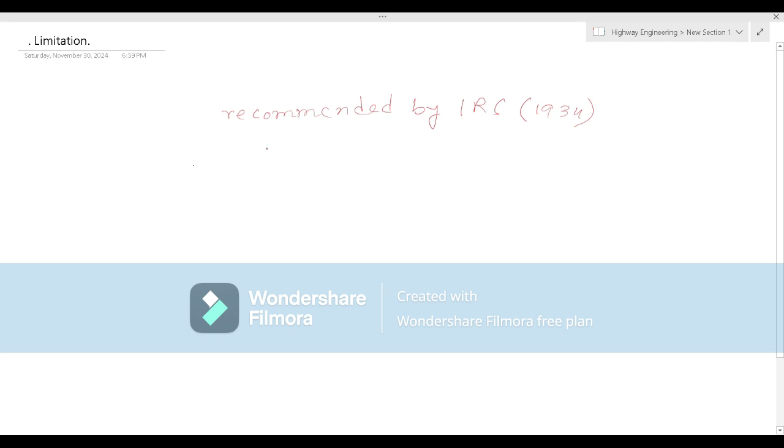First, the CBR test must be performed in the laboratory, not on site. Second, the soil should be compacted at optimum moisture content, OMC.